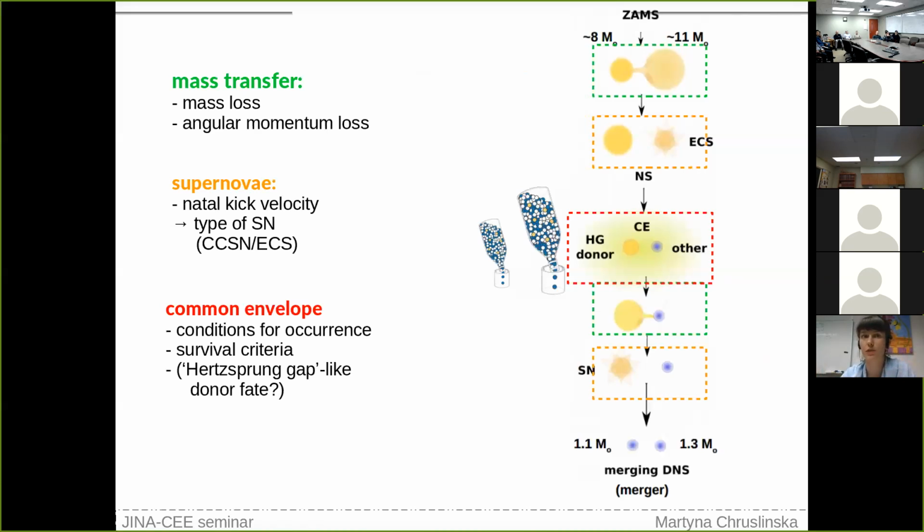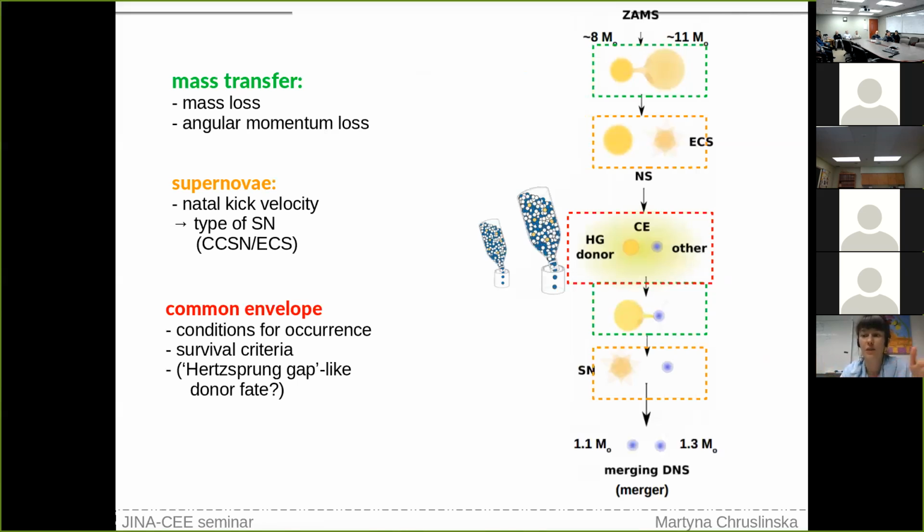The accretor cannot accommodate all of the material, and this material starts to fill the binary, and effectively a star and the donor's core are immersed in a shared envelope, and they orbit within this material, which causes the stars to experience an enhanced friction, and they start to spiral inwards. Now, we don't want them to spiral in too much, because they will merge and will not form a double neutron star binary.